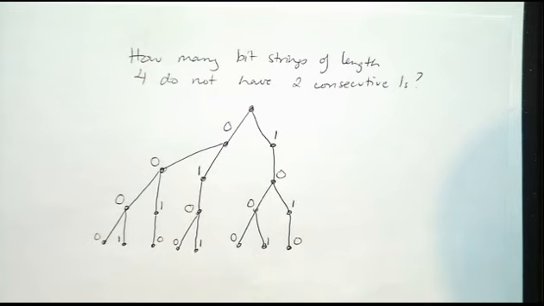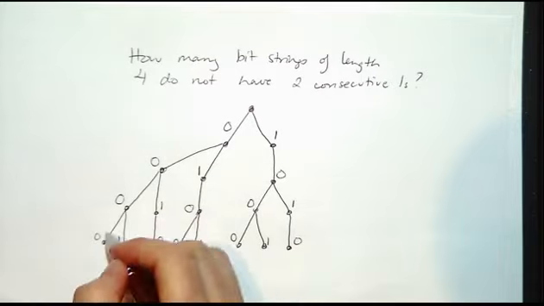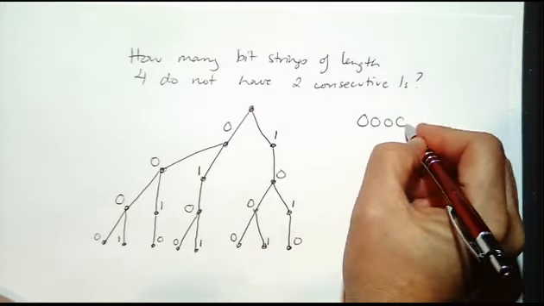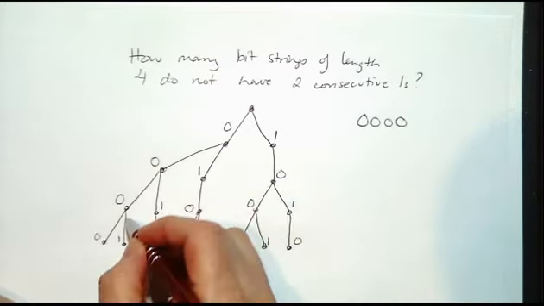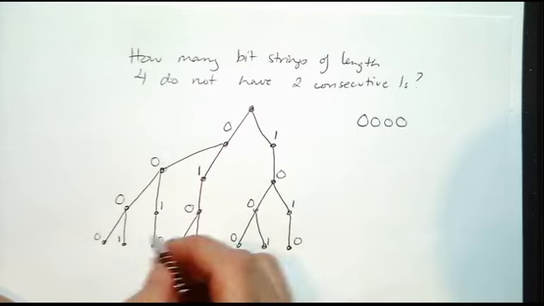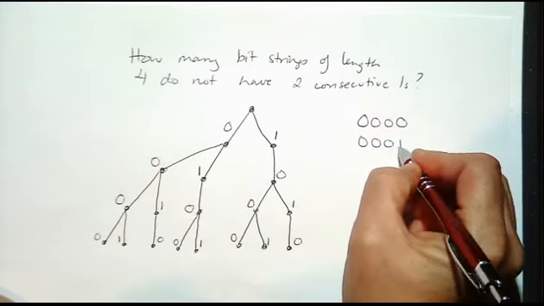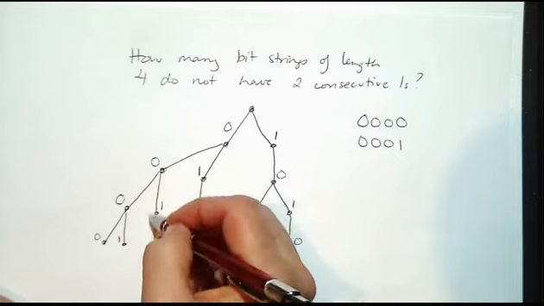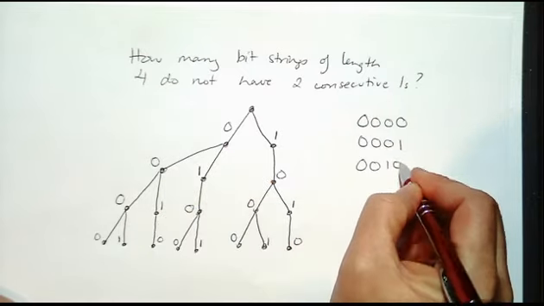So this is all the possible strings, but to read all the possible strings, you read from the top of the diagram and then read out the labels on the nodes. So your first possible string is all 4 zeros, and then if we do a depth first search, we would get all zeros and then a 1. And then we can get 0, 0, 1, 0.